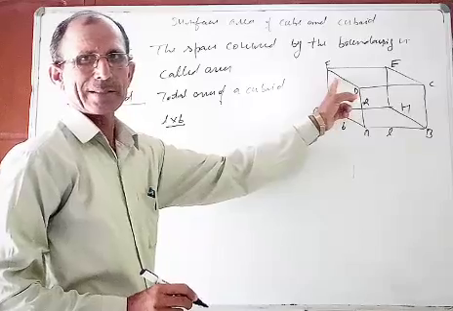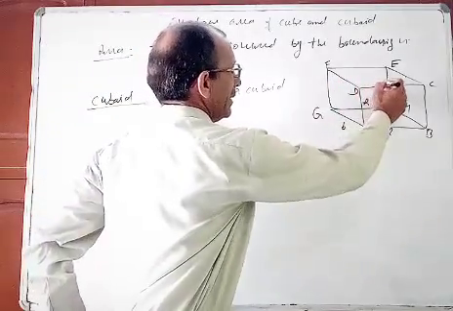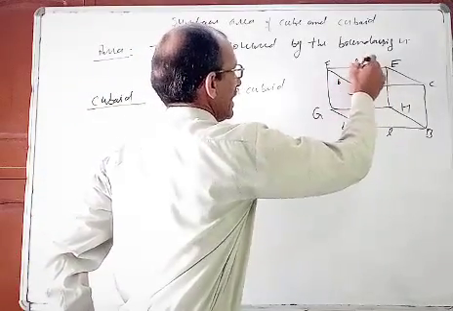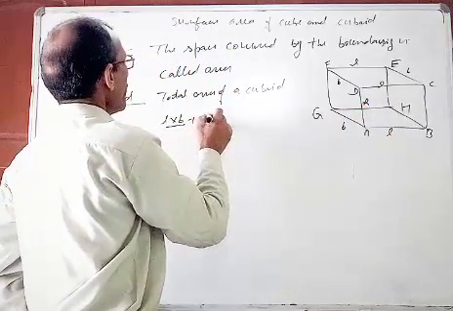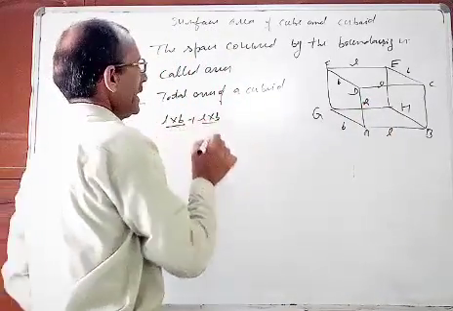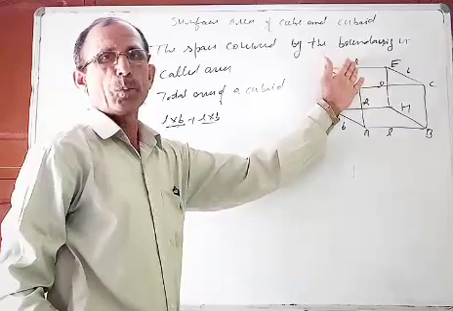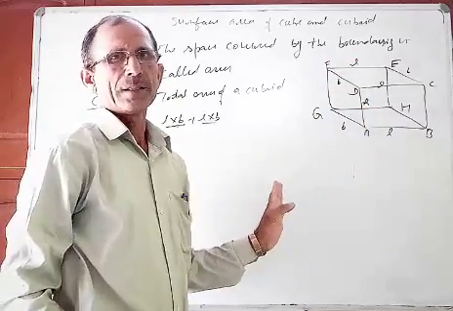I think you are understanding. This is length and this is breadth. So length multiplied by breadth. I have taken floor and roof, it means top and base.